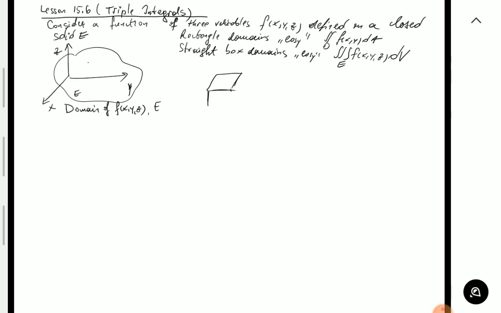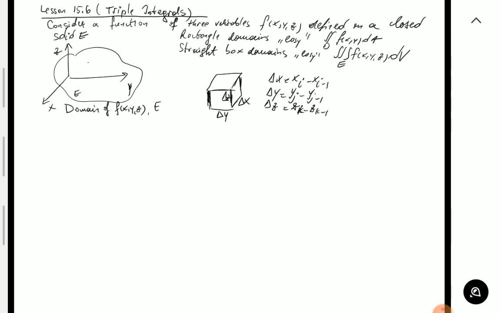Inside the domain E, you're going to have basically a box with the sides given by delta x, delta y, delta z. So if you imagine a partition over the x, y, z portions of the domain, delta x will be the difference between two nearby points, x_i minus x_{i-1}, delta y will be y_j minus y_{j-1}, delta z will be z_k minus z_{k-1}.